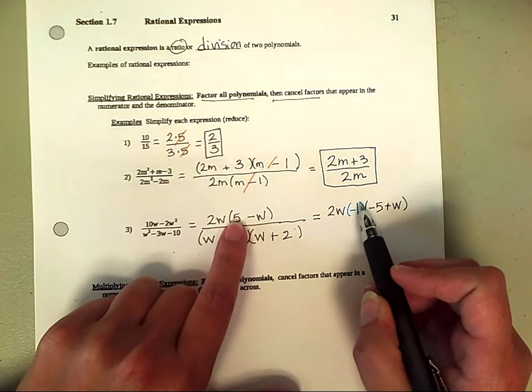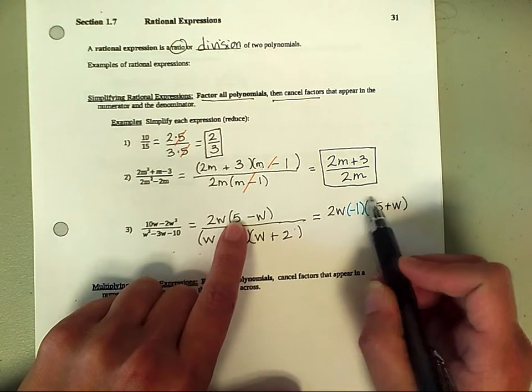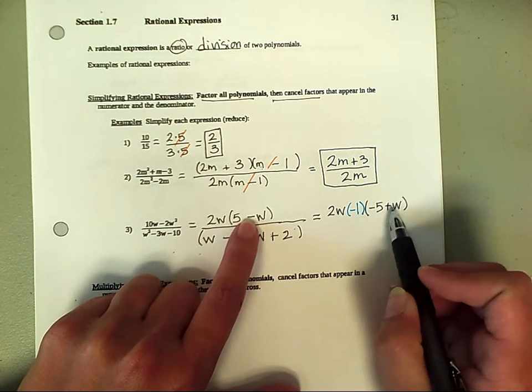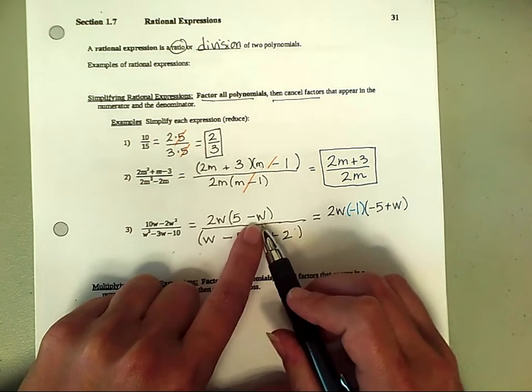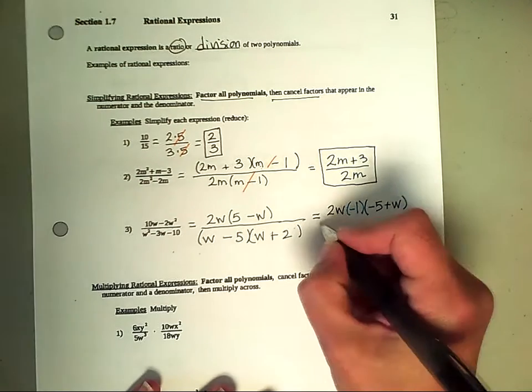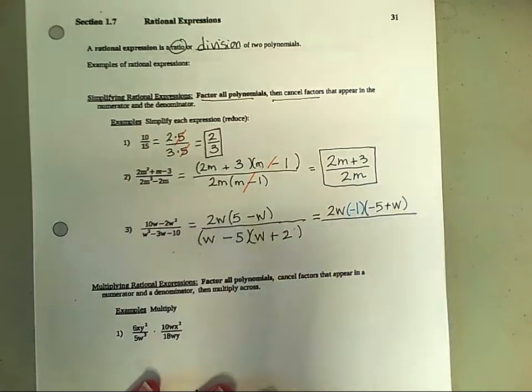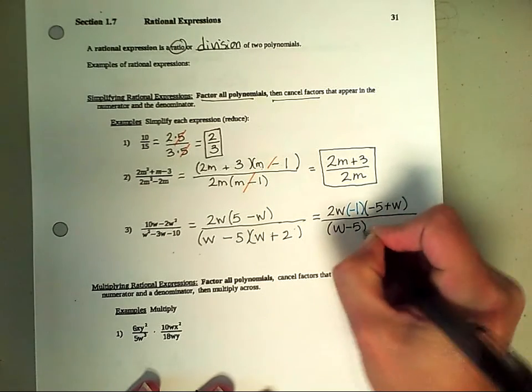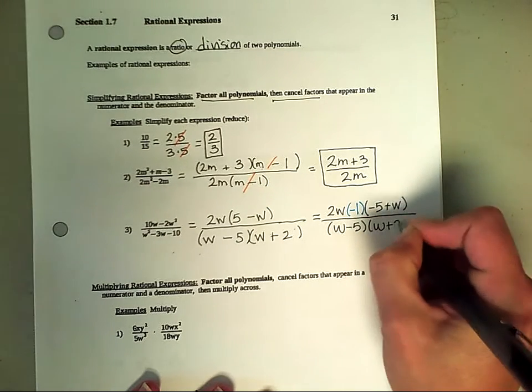And you can see that this would be the same if you redistribute this negative 1. So negative 1 and negative 5 would be positive 5. Negative 1 and positive w would be minus w. Over w minus 5 times w plus 2.